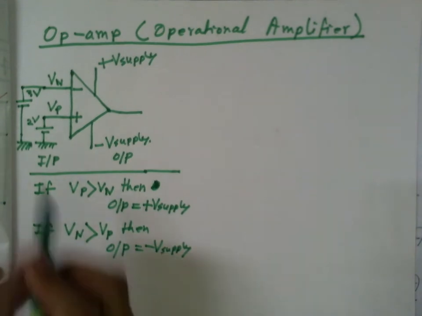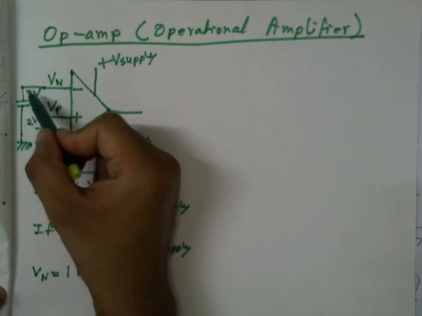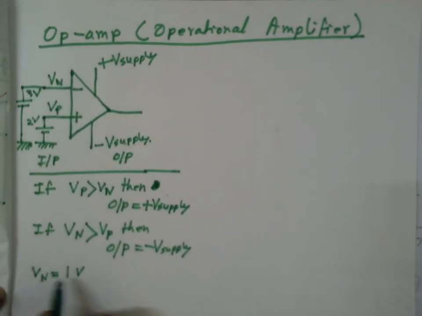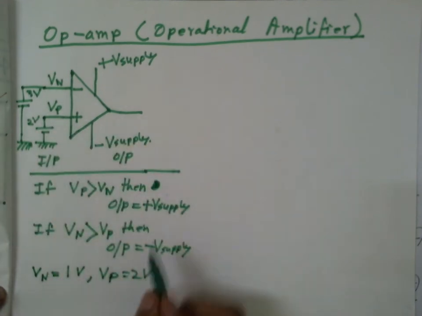Similarly, if we make Vn equal to 1 volt, and Vp equal to 2 volt, then the output is equal to plus V supply.